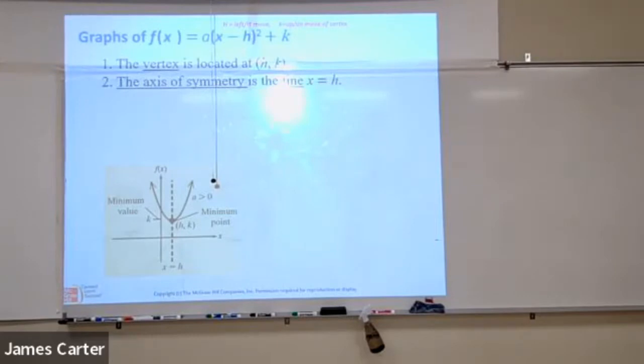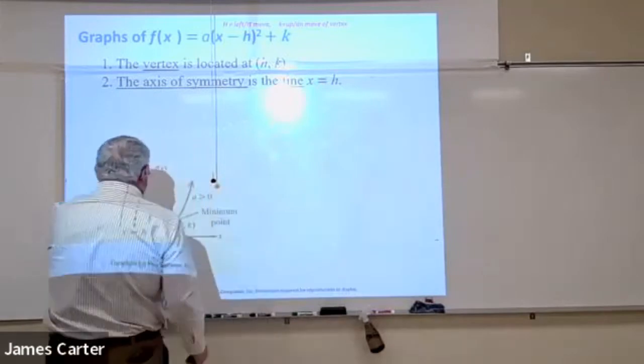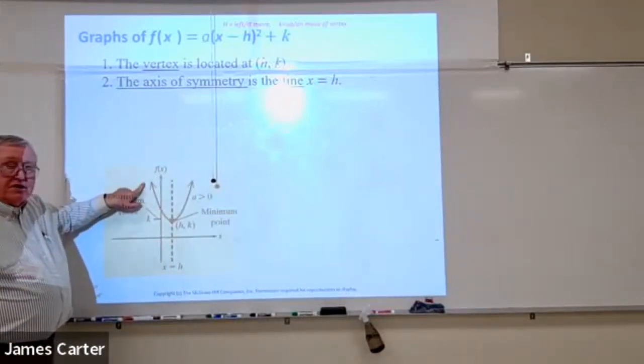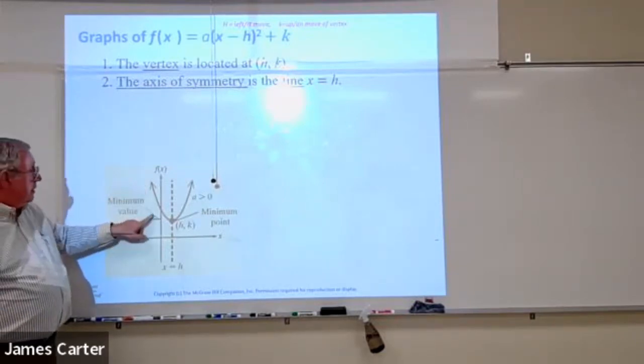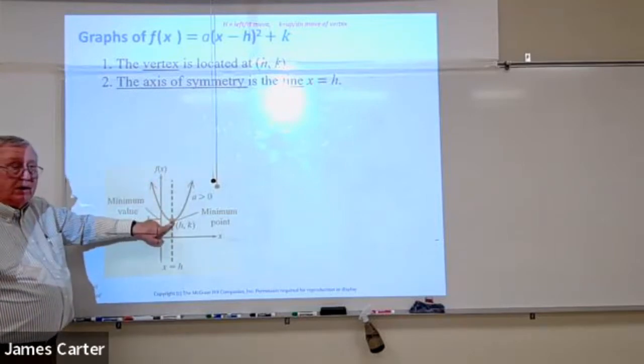Now, the axis of symmetry. You notice these things are symmetric. Now, as long as we have the vertex right here, the y-axis was the line of symmetry in those examples I did earlier. But in this case, we have shifted the vertex over to here.